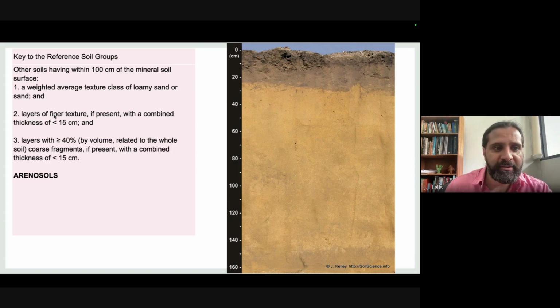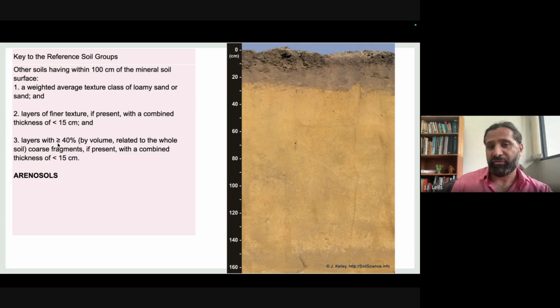And layers of finer texture, if present, with a combined thickness of less than 15 centimeters. So if eventually I can see some layers that register a loamy or a clay texture, the thickness combined should be less than 15 centimeters. And layers with 40% or more of coarse fragments, if present, should also register a combined thickness of less than 15 centimeters.